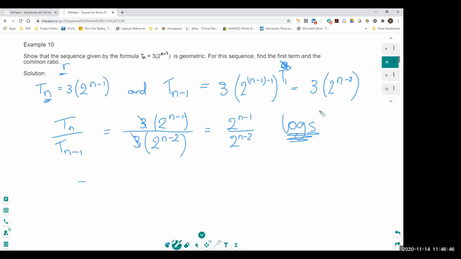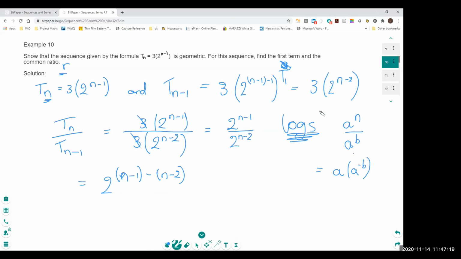that is equal to 2 to the power of n minus 1 minus n minus 2. Okay, remember, if you have a to the power of n divided by a to the power of, we'll say, b, that's equal to a to the power of n times a to the power of minus b, because if I brought that up, right?